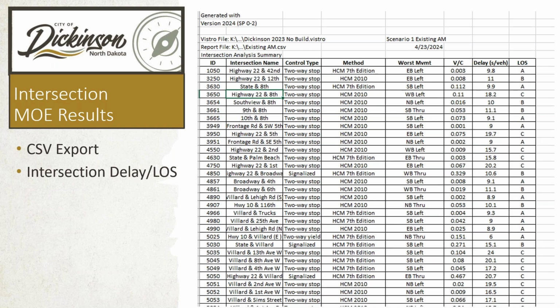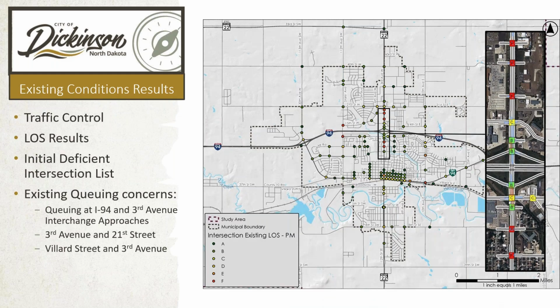Being able to export out these tables made it very easy for integration into GIS, where we created intersection points based on those ID numbers and could easily reference in the level of service and delay into GIS figures, which you can see on this screen.